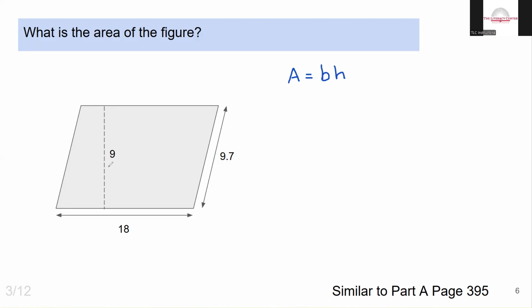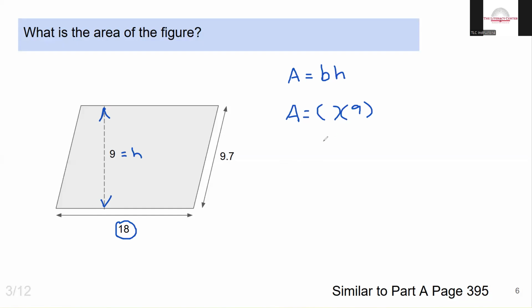And we follow that principle where it's easiest to find the height first. So we know that our height is 9. We're going to multiply the base times that height, and our height is pointed toward the base. Because our height has to be perpendicular to the base, it is the distance between these parallel lines.